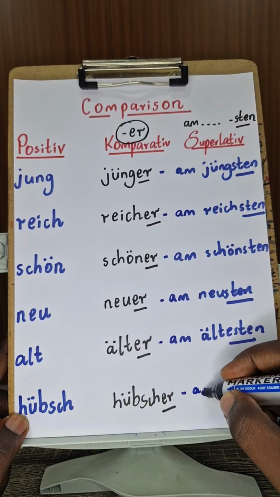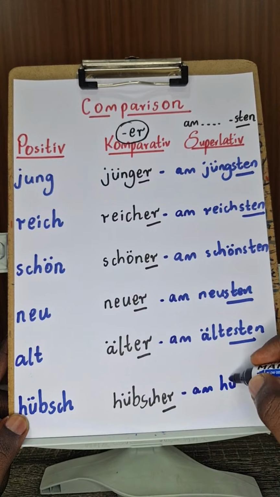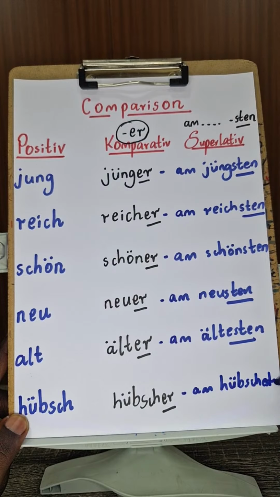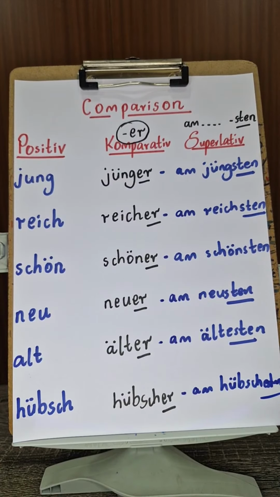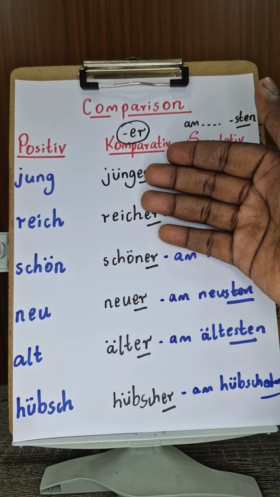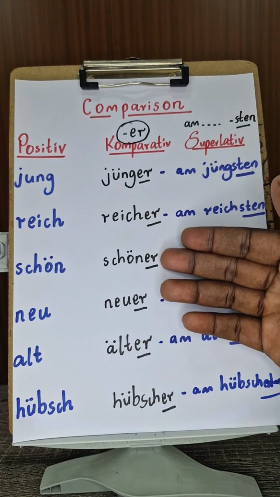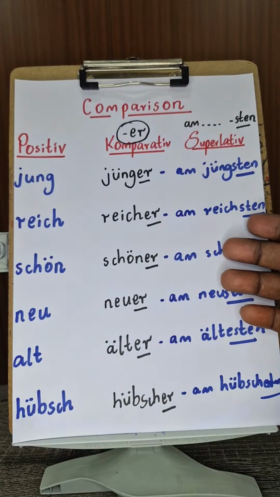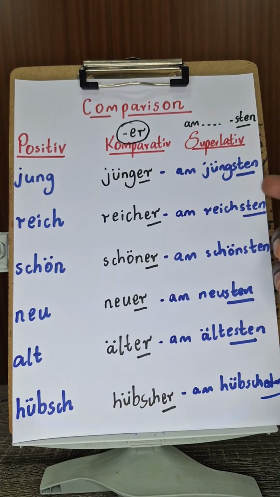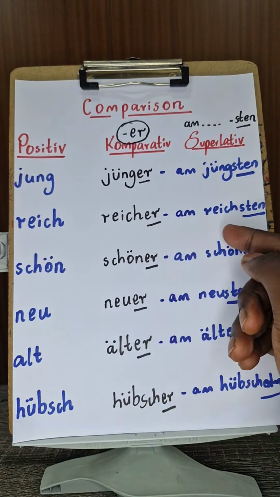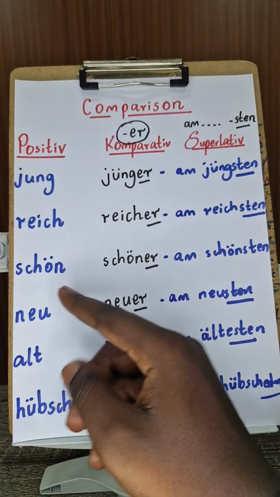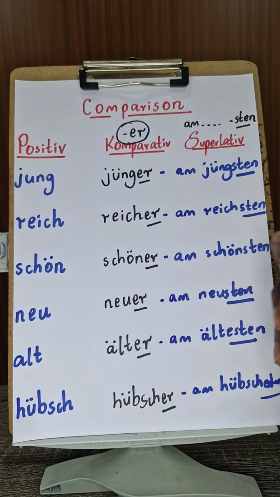Now there are those which add an additional -esten. Hübschesten. All right. So you've seen the pattern, right? Comparative, majorly -er. Jung, jünger, reich, reicher, schön, schöner. And then the superlative, there's first of all am, and then there's -sten. Jung, jünger, am jüngsten. Reich, reicher, am reichsten. Schön, schöner, am schönsten. It is in that particular manner.